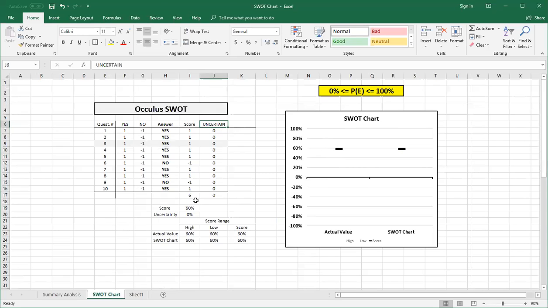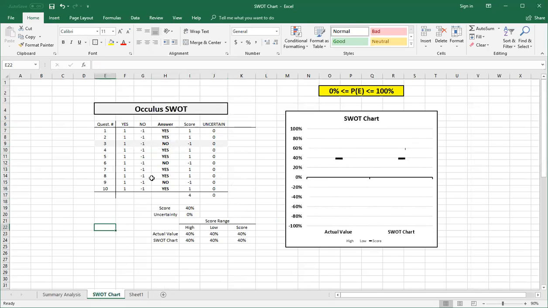Pretty straightforward. Here I have 2 no answers, so I've got 8 plus answers, which would give me 8, and 2 no answers, so 8 minus 2 is 6. I've got a score of 6. It's pretty standard. I change this to a no, it drops down, so it went from 6 to 4.